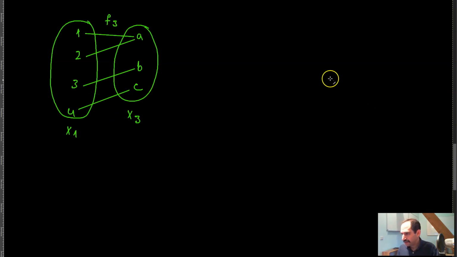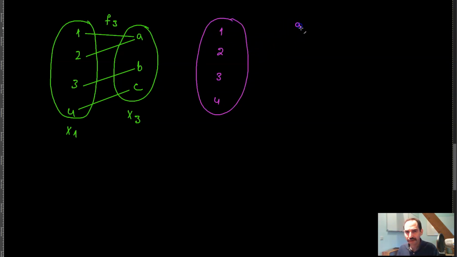You could have another type of situation where you have 1, 2, 3 and 4, and you have A, B, C, and D over here.